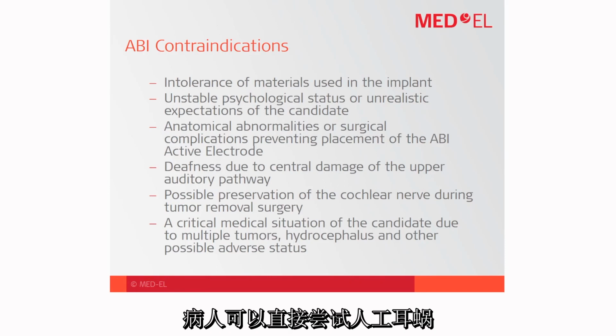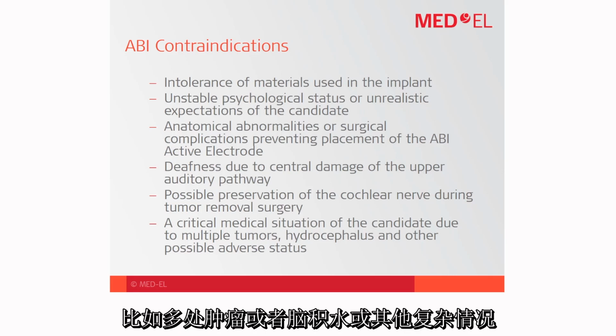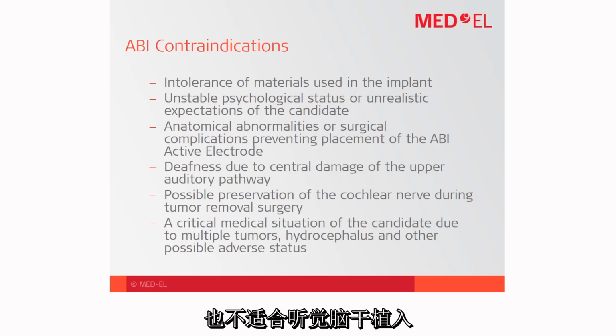The patient might go for a cochlear implant in this case. And if there's a critical medical situation of the candidate due to multiple tumors or hydrocephalus or other complications or situations, then the patient would be contraindicated for receiving an ABI. So that covers our candidacy criteria.